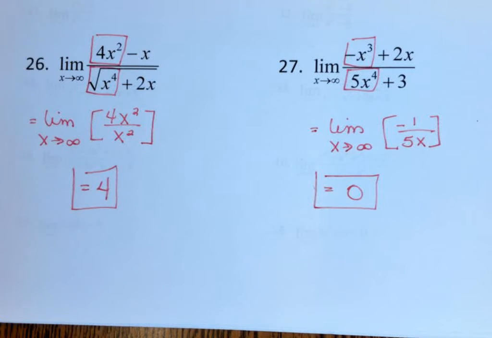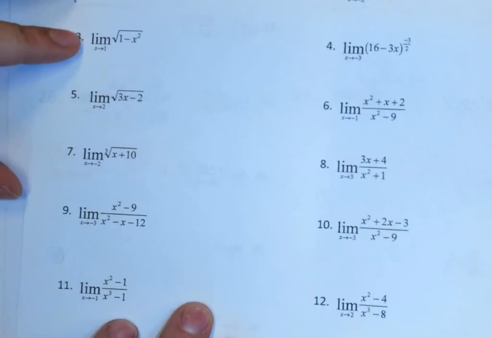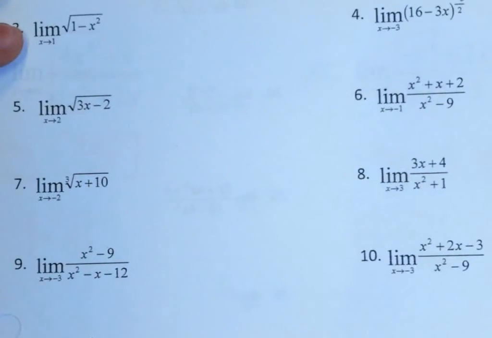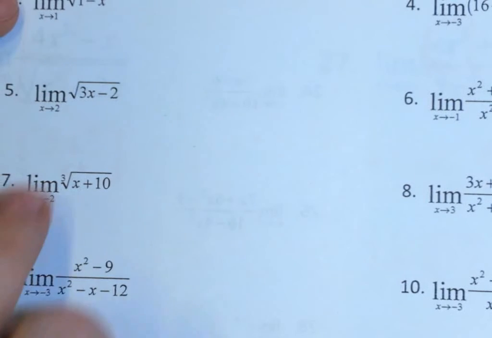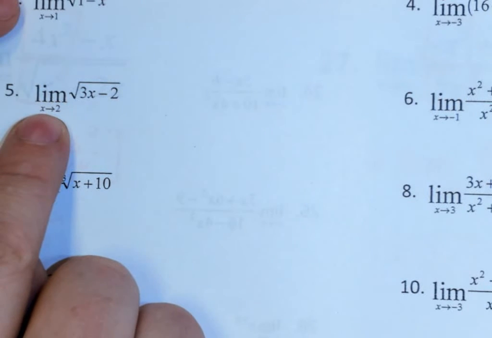So are you guys okay with my substitution and infinite limits? No, not really. All right, so what I want you guys to do is pay close attention to the worksheet that I just gave you, because they're all over the place. Some of these problems, mostly problems 1 through 20, are all going to be limits as you approach a number.